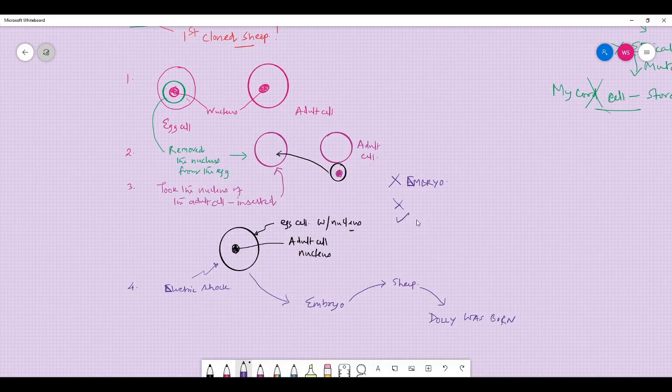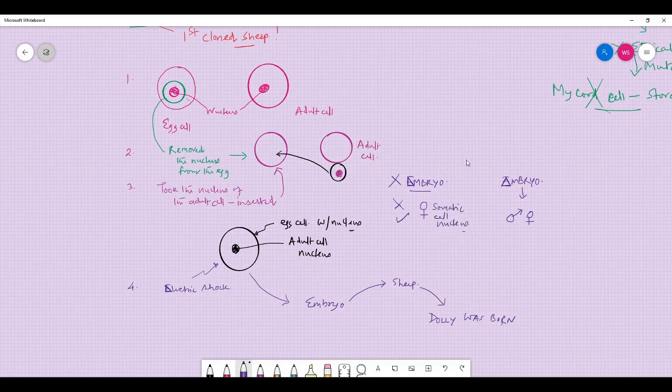So what is the difference between this embryo and the physiologically normal embryo? A normal embryo needs a sperm and an egg. Here you need an egg, but you don't need a sperm. You need only a somatic cell nucleus.